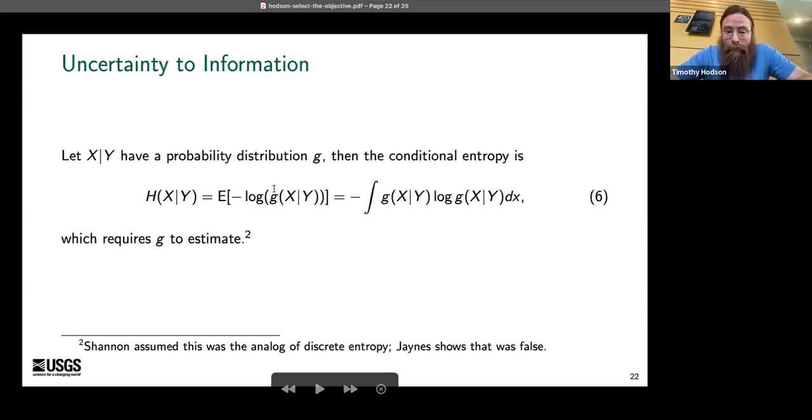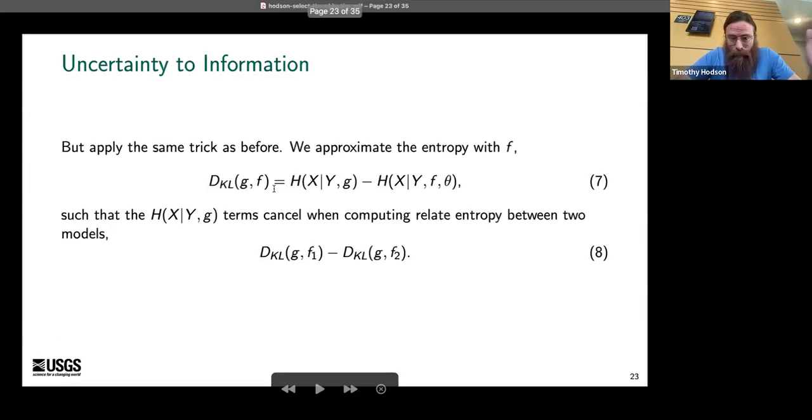But that also requires g, this true distribution of X given Y. It's the same trick again, we can use an approximate function, f, a likelihood, and so line 7 gives the difference between the conditional entropy with the true distribution minus that of our approximating distribution.